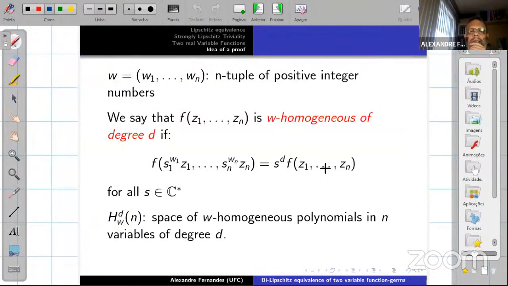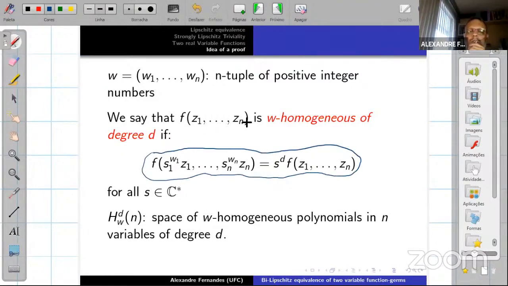Okay, this is the definition of weighted homogeneous polynomials. We are not in the case of two variables, it is the case of n variables. Let me denote this set, the space of weighted homogeneous polynomials in n variables of degree d. This is a kind of C^n, a finite dimensional space.